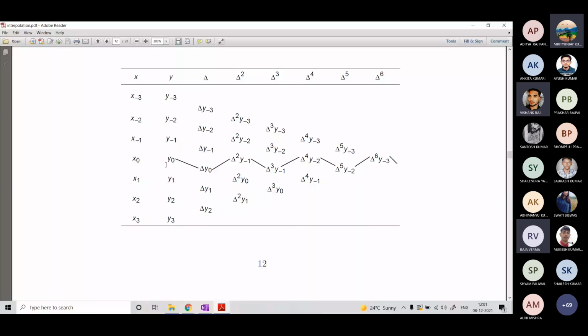The polynomial will be y naught plus some constant into delta y naught plus some constant into del square y minus 1 plus another constant into del cube y minus 1 plus another constant into del 4 y minus 2, and so on. Each time one constant will be multiplied with these values, and they will be added. Linear combination of these elements along the line.